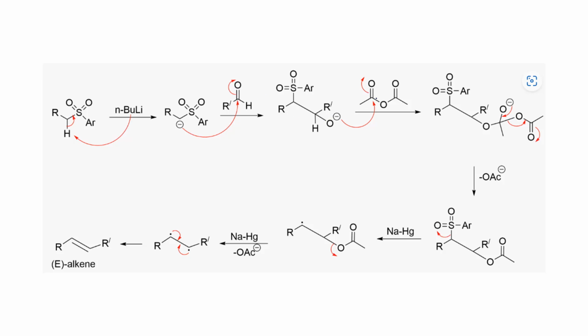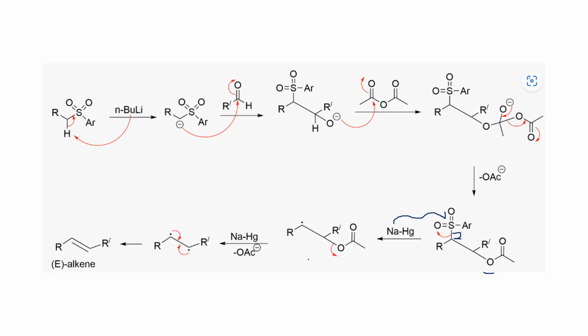After that, if you add acetic anhydride, this O minus will be acetylated, giving us this intermediate. And when we add sodium amalgam, it will give a single electron to this sulfur atom, break this bond, forming this.